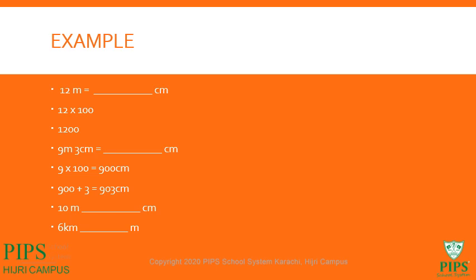Now the second part of the question is 3 centimeters. You don't have to convert it as it is already in centimeters. So you just add 3 to 900. 900 plus 3 equals 903 centimeters. So the answer is 903 centimeters.